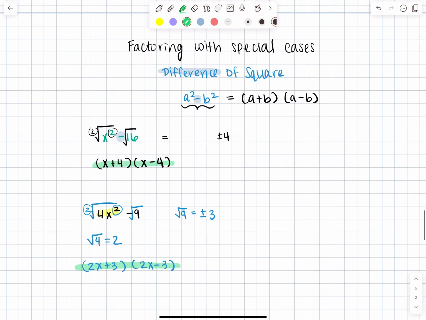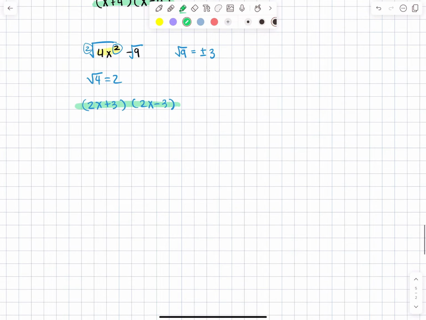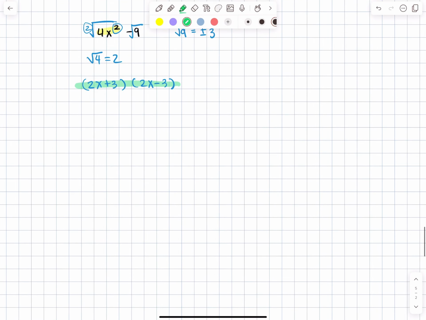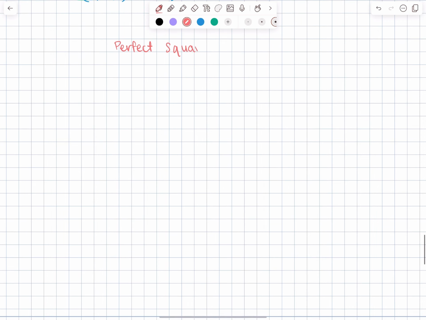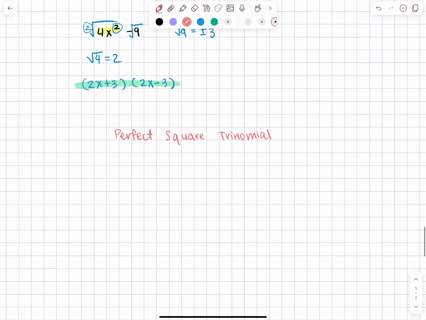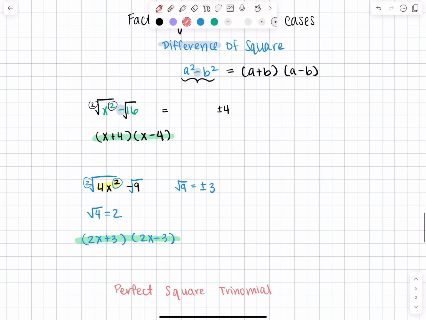So that is our first special case. Our second special case is called perfect square trinomial. In the previous examples, we were looking at binomials.